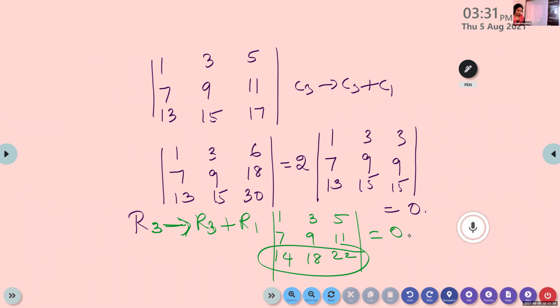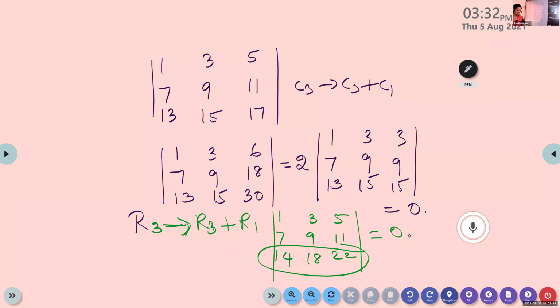Is it okay? Yes, Shubham. Is it okay? So, what are the 3 row operations we have learned, Aparna?